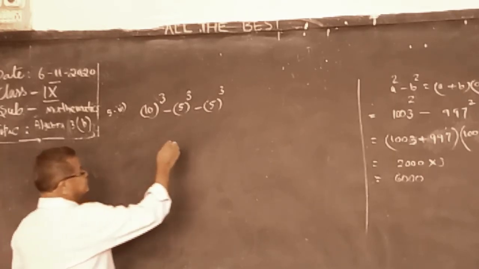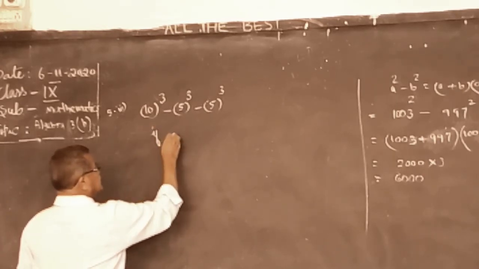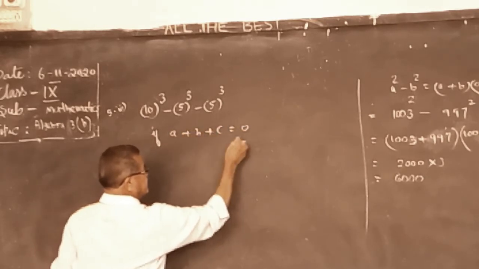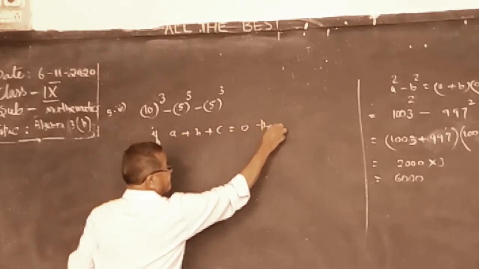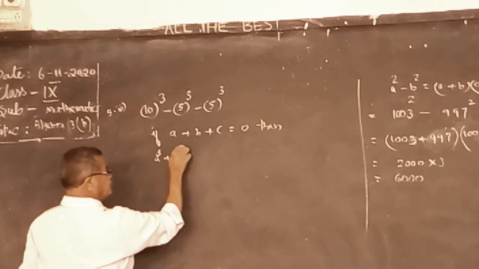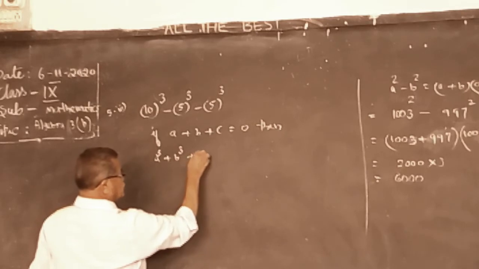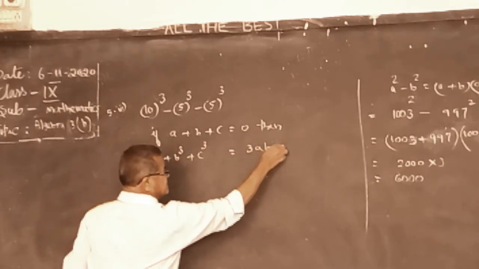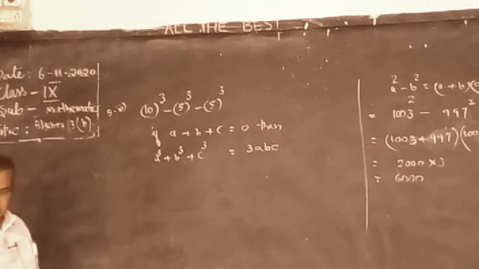It is the formula: if a plus b plus c is 0, then a cube plus b cube plus c cube is equal to 3abc. There is a formula.